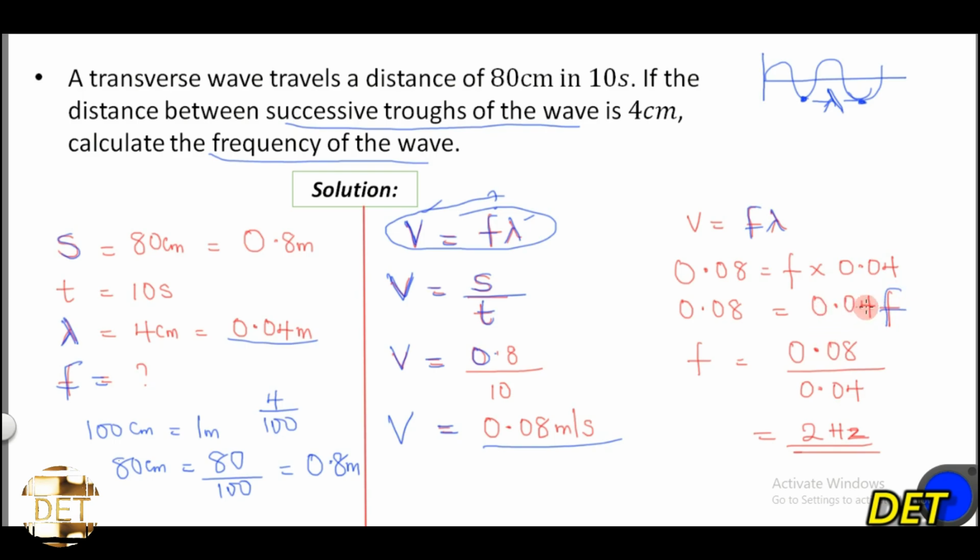To make the f stand alone, I will have to divide both sides by the coefficient of f, which is 0.04. So 0.04 will cancel out 0.04, and what we now have is f equal to 0.08 divided by 0.04. So 0.08 divided by 0.04 will be equal to 2 Hz. My frequency for this wave is equal to 2 Hz.